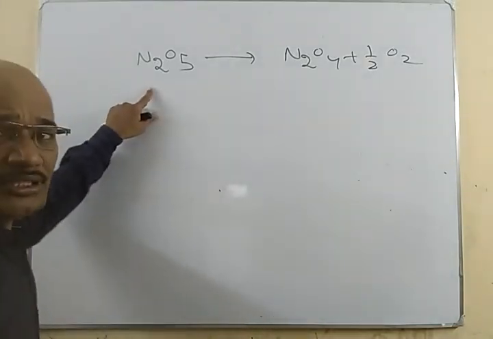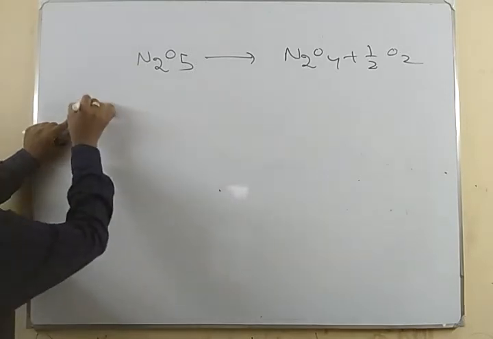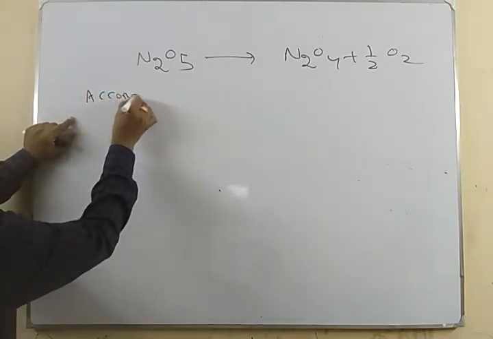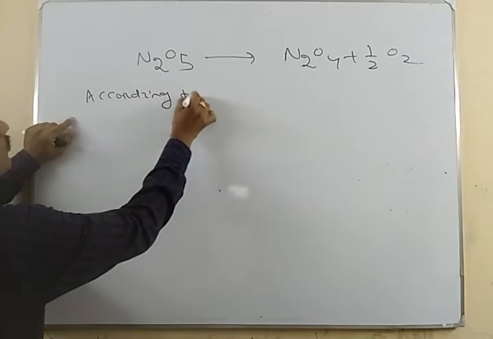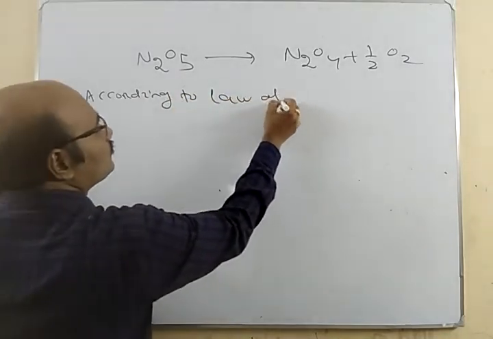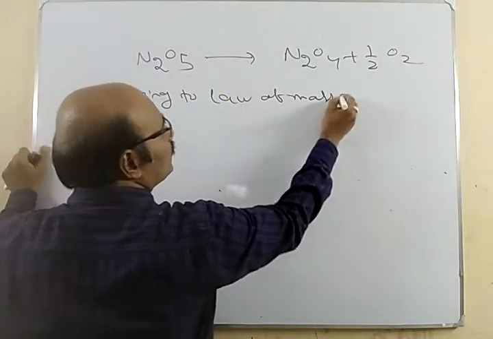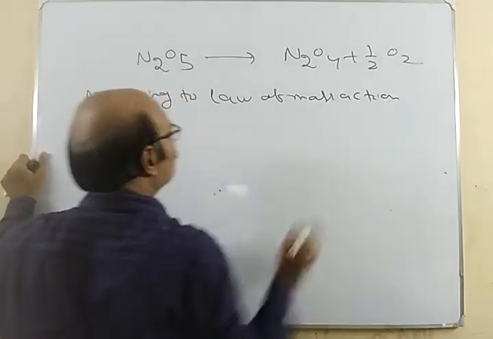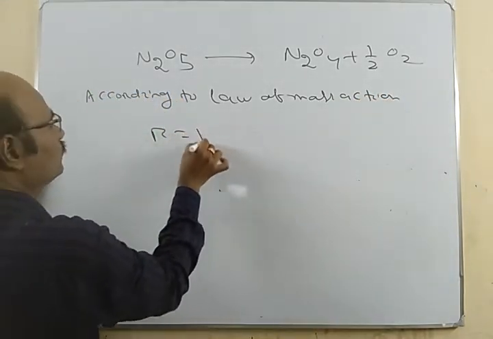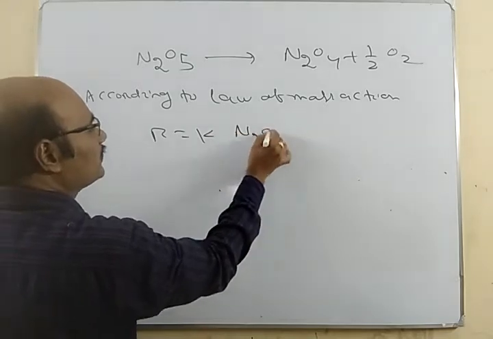For this reaction, if I write according to the law of mass action, R equals K[N2O5].